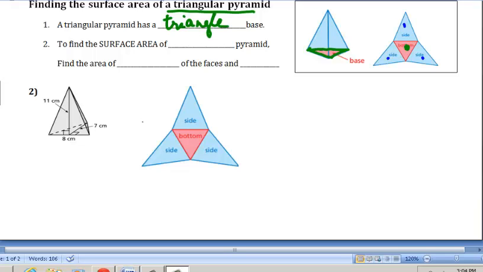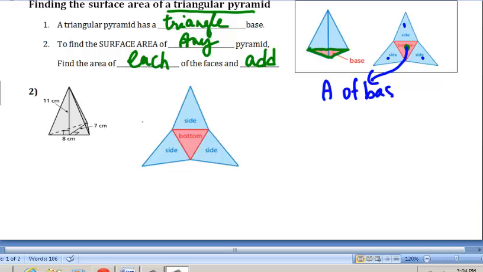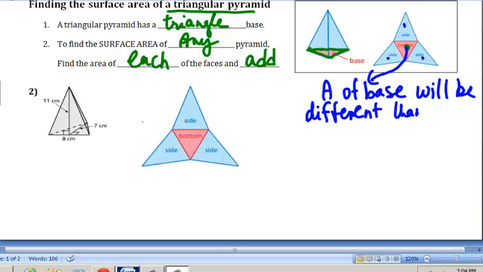To find the surface area of any pyramid, we are going to find the area of each of the faces and add them up. Okay, now one thing you need to remember is that the area of base will be different, most likely, than area of sides, which are these triangles.